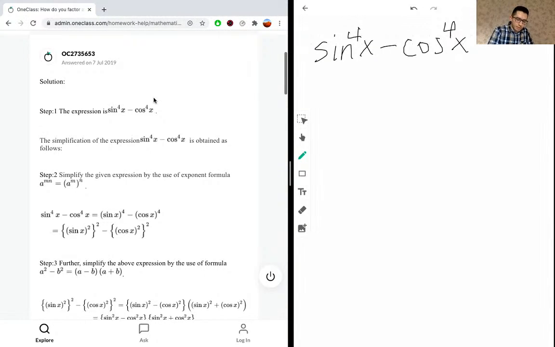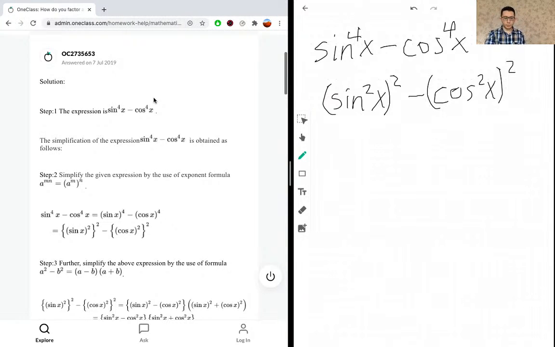Because we have a minus sign in the middle, we can see that this is a difference of squares. I'll clarify that by rewriting this equation in a simpler format: sine squared x, squared, minus cos squared x, squared.